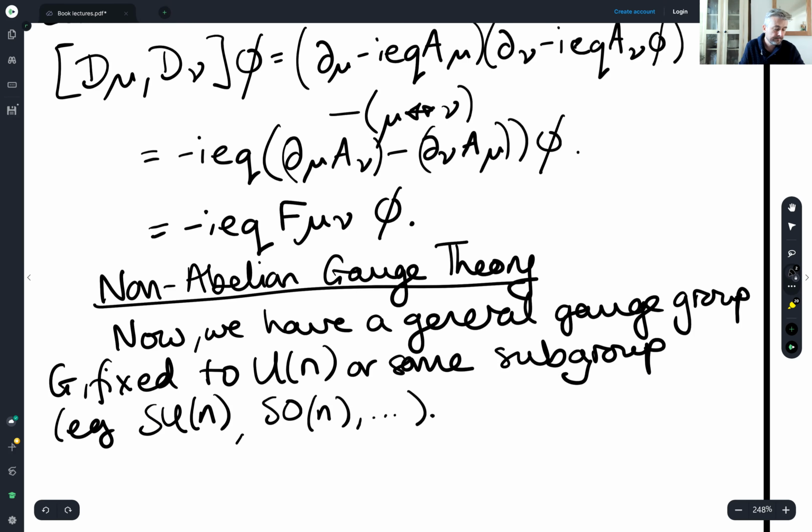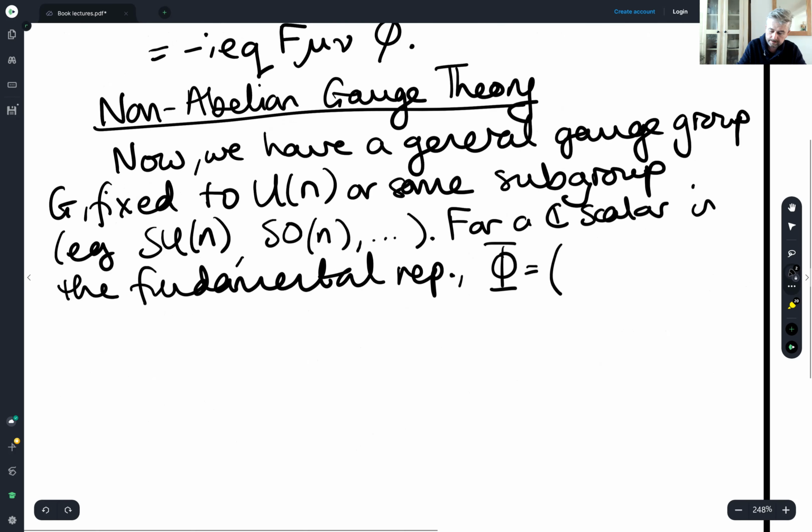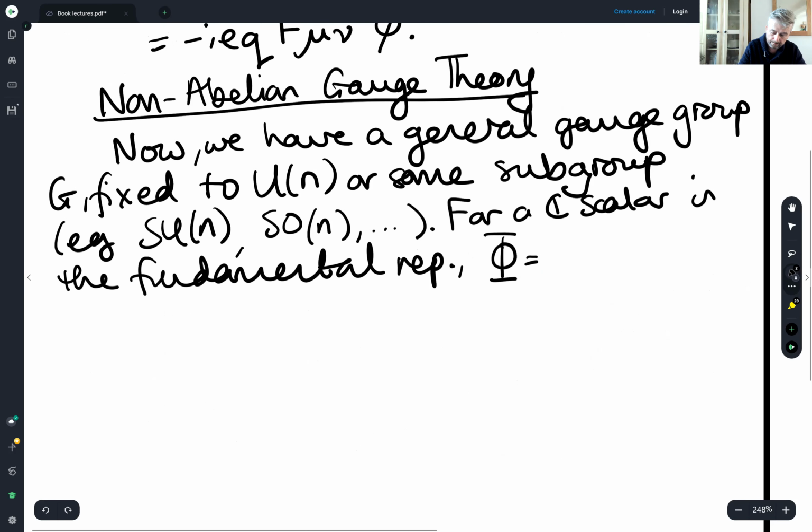So for a complex scalar in the fundamental representation, we have now φ. Well, there's going to be some n-component vector, say.